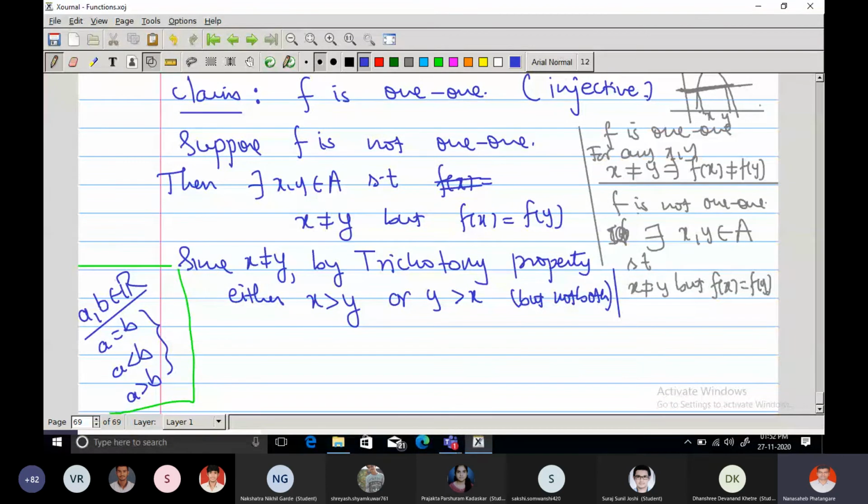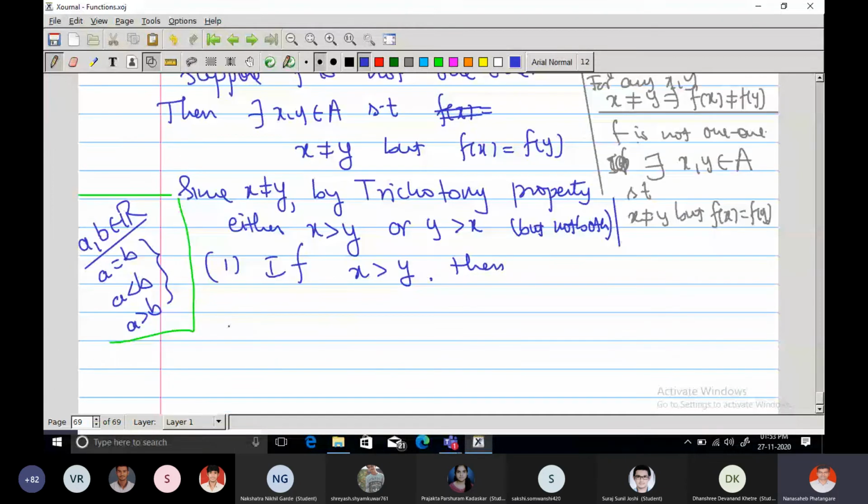Anyway, first case: if x is greater than y, then suppose y is here and x is here. x is greater than y.